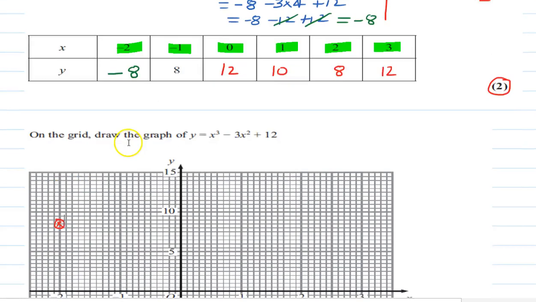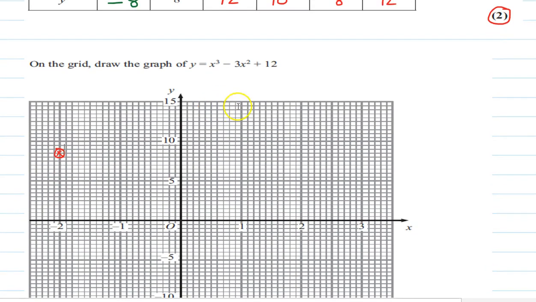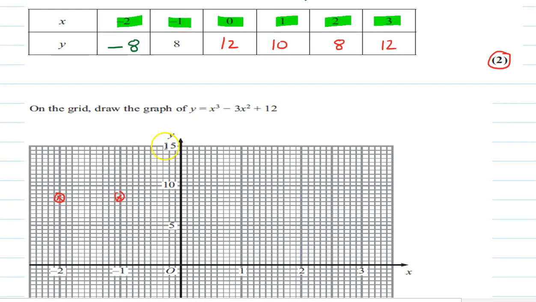Now next value is minus 1 and 8. So we are taking minus 1 and 8. This will be somewhere here. It is not accurate, but we can go with a nearly equal point. So x is 0 and 12. If this is 10, then 4 blocks, because this will be 11 and 12. So 0 and 12 will be here.